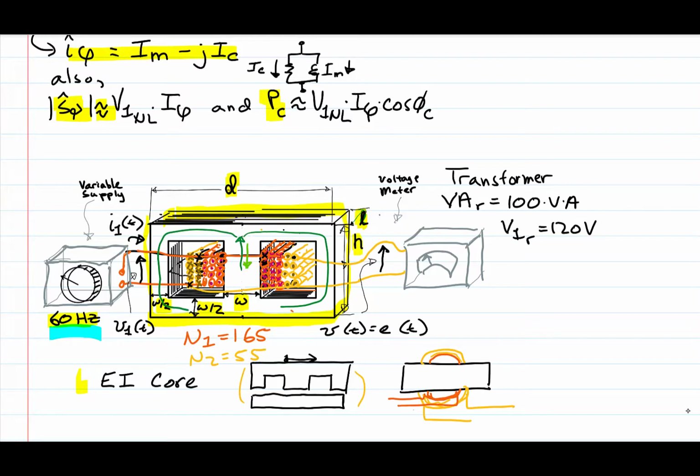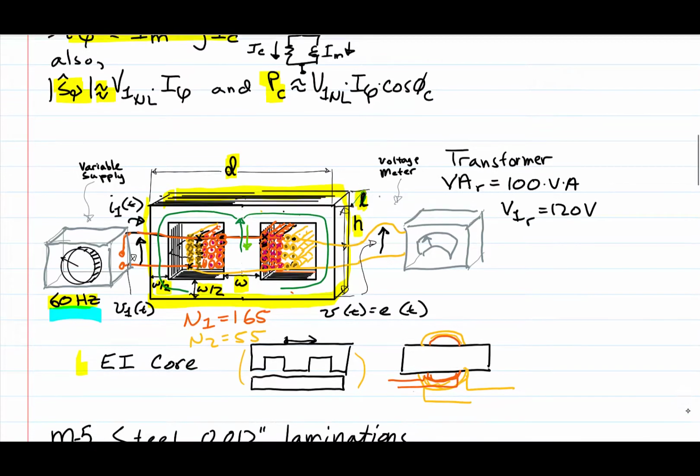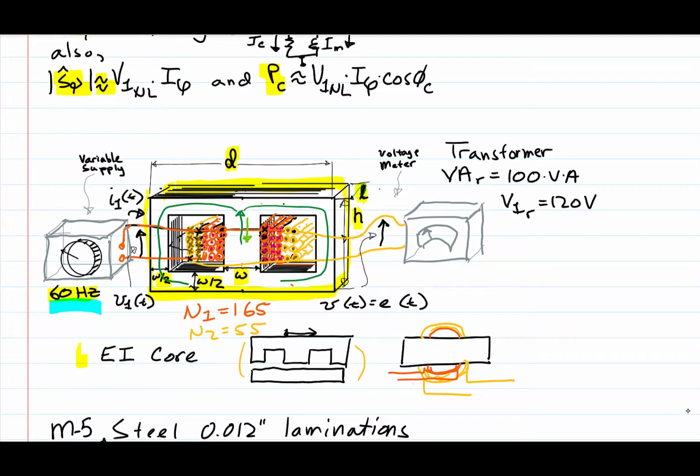So we're going to perform this no-load test by turning this little knob here, which allows us to slowly increase and build up the voltage for our test. We're going to increase it until our little needle moves up here, and we measure the voltage on the secondary side, and let's assume that we've got a meter measurement over here.